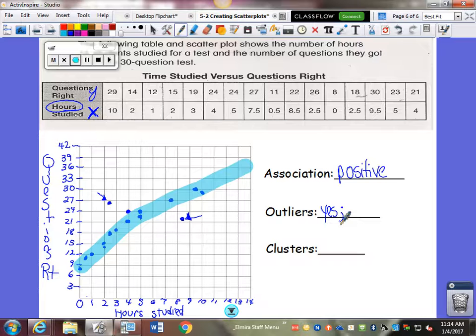They're close. 8.5 and 22. Remember, if you have an outlier, if you're saying yes, I want you to say the coordinates 2.5 and 26. Okay. Clusters, nope, we don't have a significant cluster.